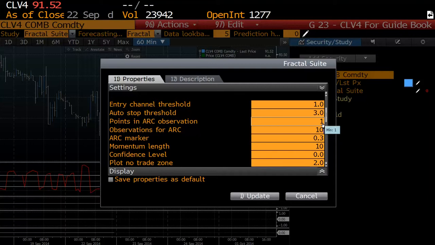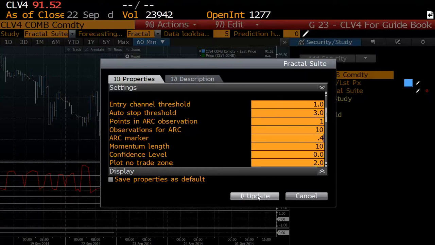So here the default is 1, so each observation is going to be 1 price point, and we're going to be looking at 10 of those for the calculation. Then we have the arc marker, which to demonstrate I will change to 0.4, and those are the 3 inputs that are used to calculate the arc value.